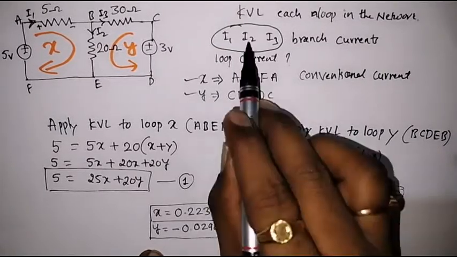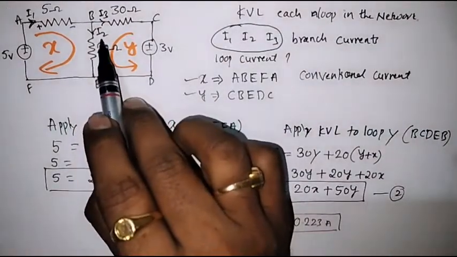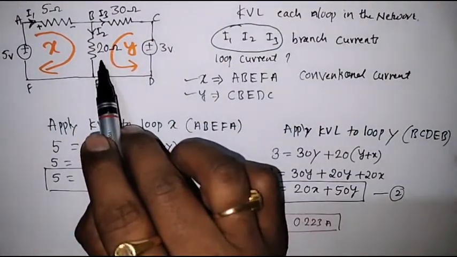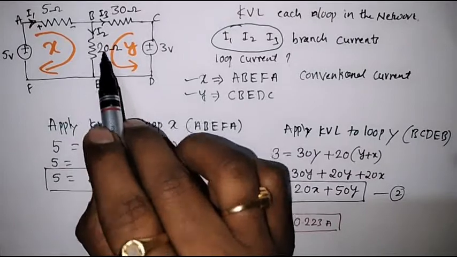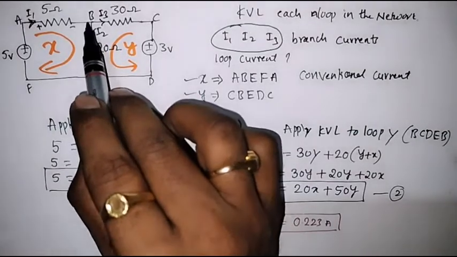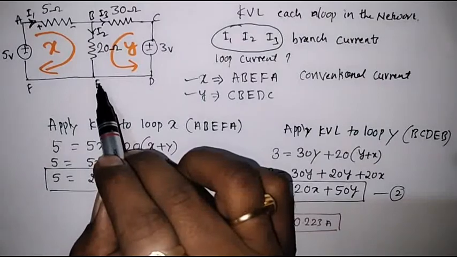Now let us see what I2 is. I2 is the current which flows through the 20 ohm resistor. Here current I2 is flowing from node B to node E, from top to bottom.